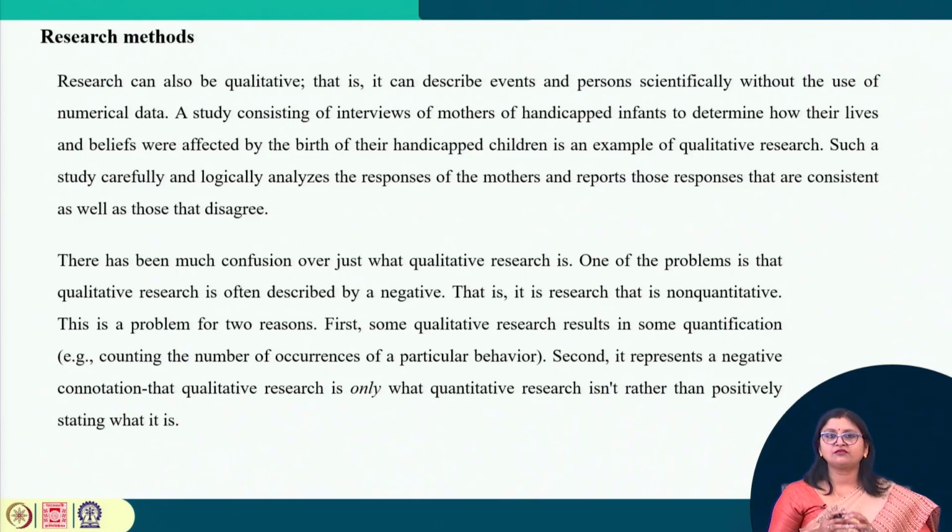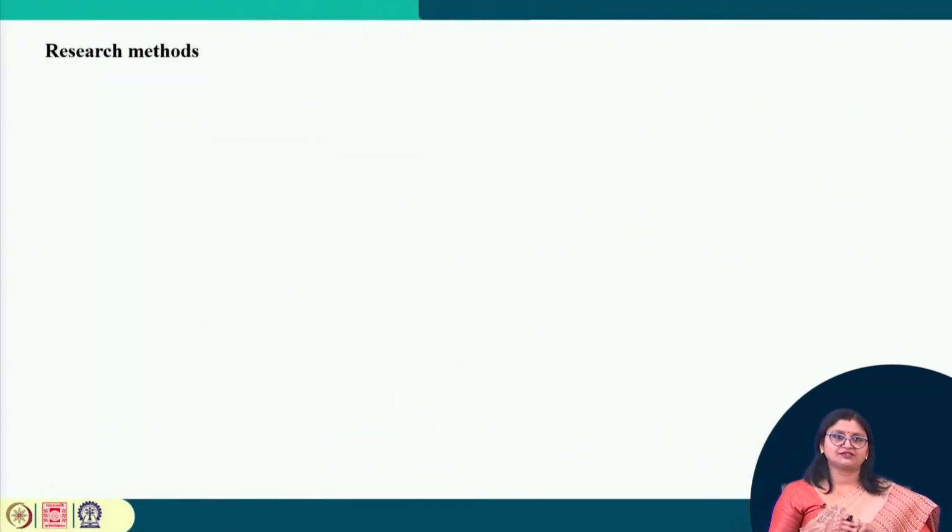First, some qualitative research results in some quantification, like counting the number of occurrences of a particular behavior, where we calculate the percentage or go for the tally. The second is that it represents a negative connotation, that qualitative research is only what quantitative research is not, rather than positively stating what qualitative research is.